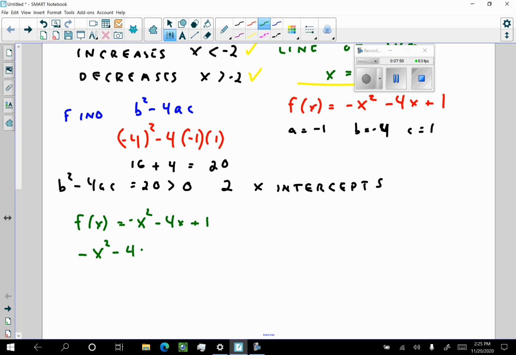And how do I solve this? Well, I solve this with the quadratic formula. And here's the quadratic formula. X is going to be -b plus or minus the square root of the discriminant, which is b squared minus 4ac over 2a.